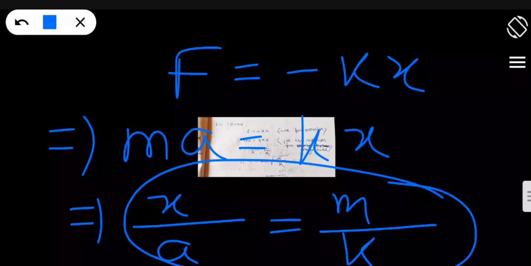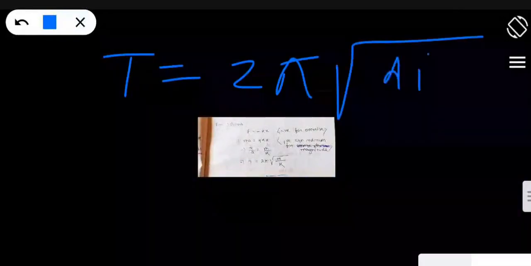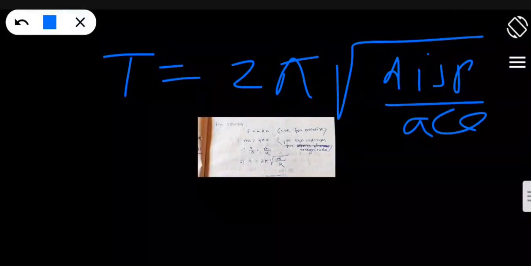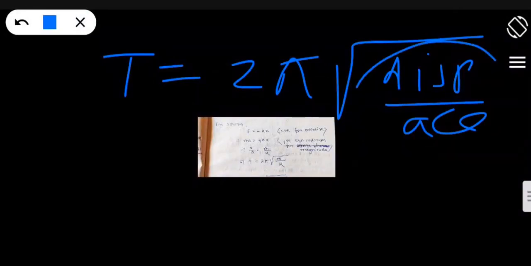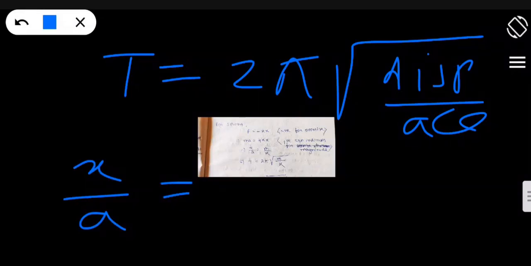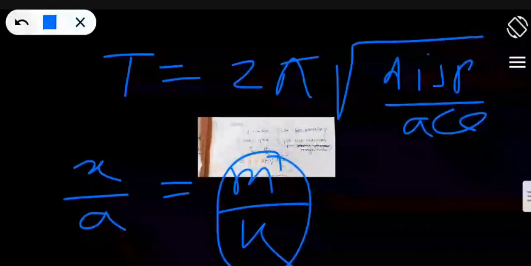Okay, this one I found out. Why, in your mind, did I find x by a equal to m by k? Because the general formula for the time period is what? 2 pi root over displacement upon acceleration, right? If I don't know what displacement upon acceleration is, then how can I put it, right? Displacement upon acceleration is nothing but x by a, and just now I found x by a's value, m by k for the spring case.